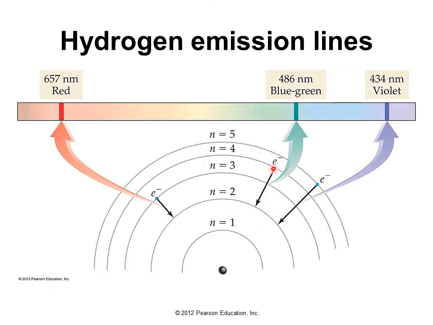If it jumps from 4 to 2, it's in the blue-green. If it jumps all the way from 5 to 2, it is violet. Others, if it jumps from, say, 3 to 1, that's going to be in the ultraviolet.